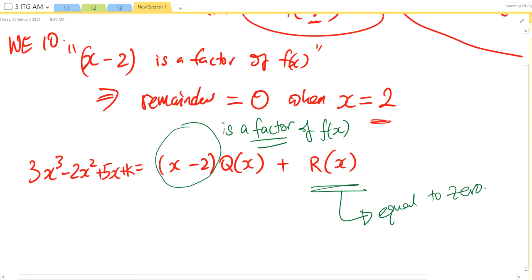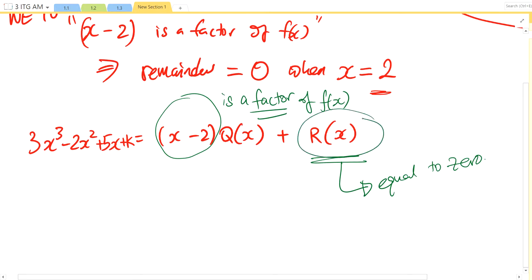Do you remember how we got our remainder from our remainder theorem? We make the divisor 0. Same approach. I make the divisor 0. When x minus 2 is 0, what do we have for x? 2. So, I'm going to make x equals to 2.